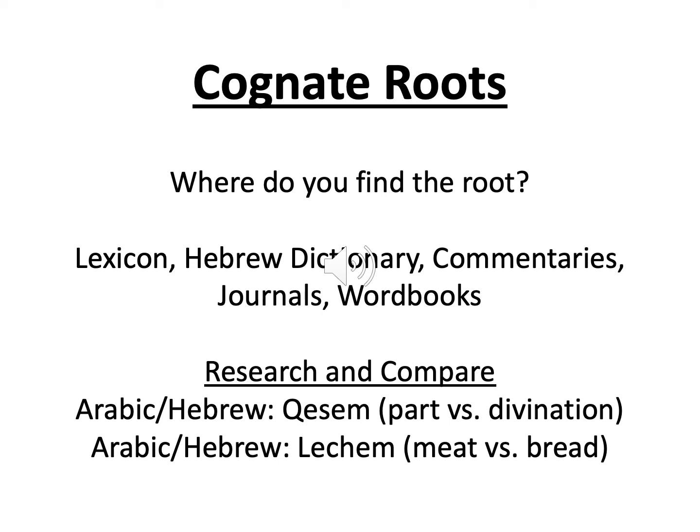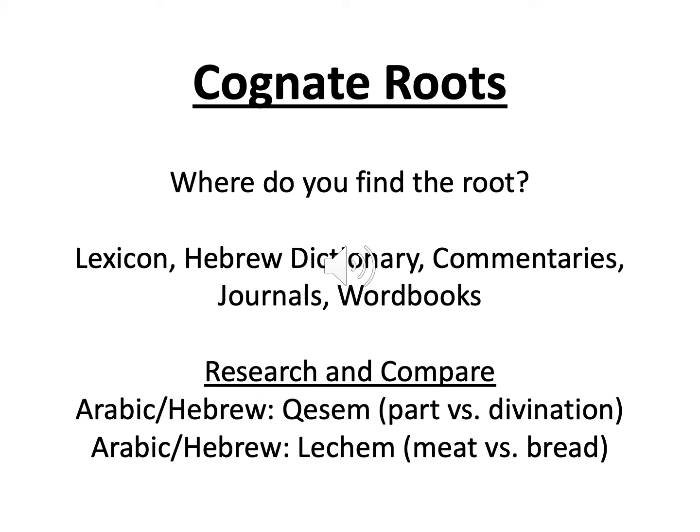And yet neither of those are actually connected to one another based upon what they actually denote, and yet they reveal the fact that they probably have a common ancestor having to do with food, lechem. Kesem, how we put part and divination together, is a mystery, and so these two are probably not true cognates.